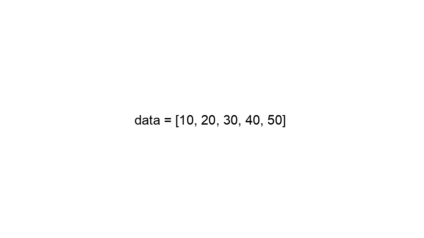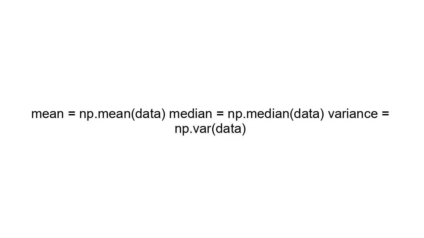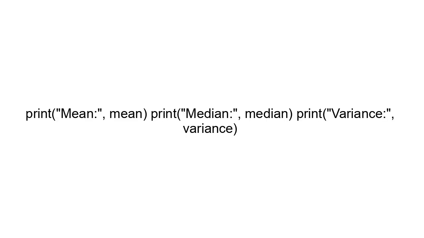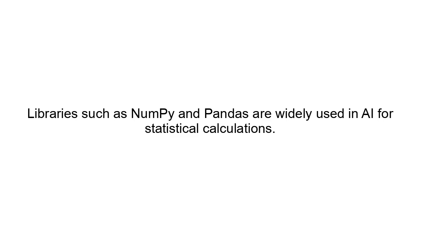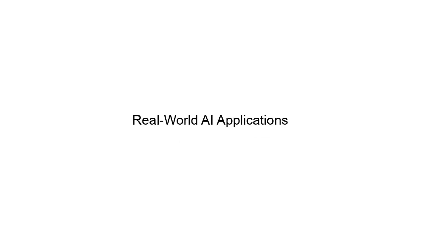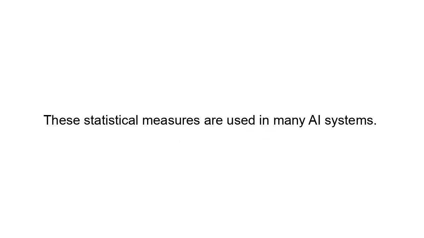Python example. Example program calculating the mean. Import NumPy as np. data = [10, 20, 30, 40, 50]. mean = np.mean(data). median = np.median(data). variance = np.var(data). Print "Mean", print "Median", print "Variance".